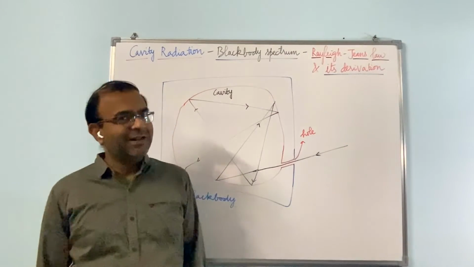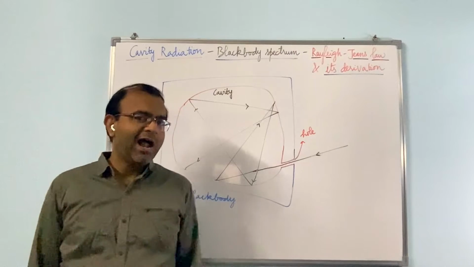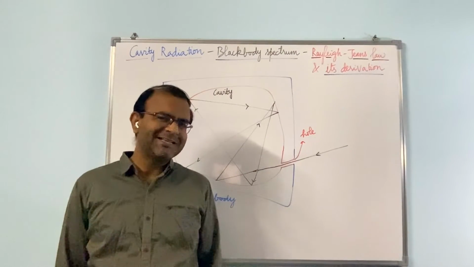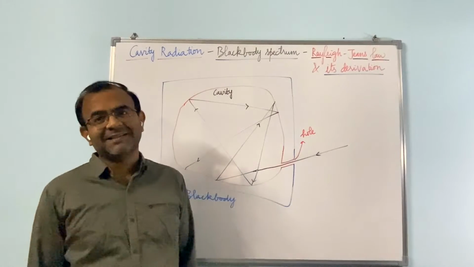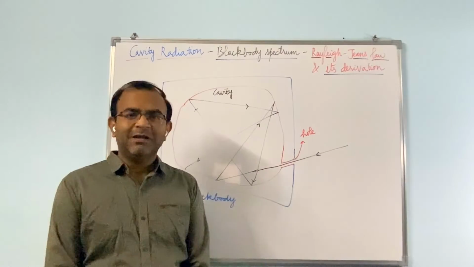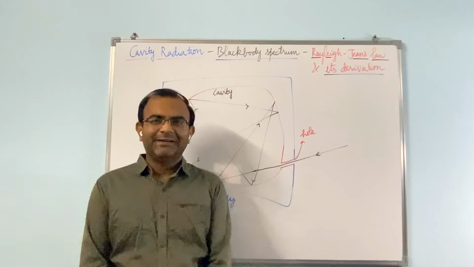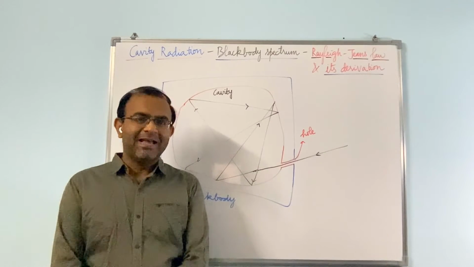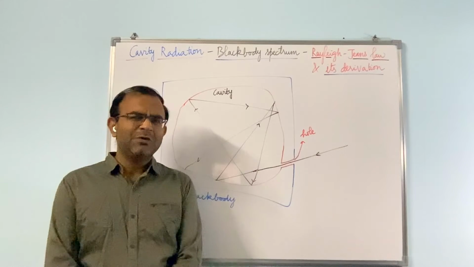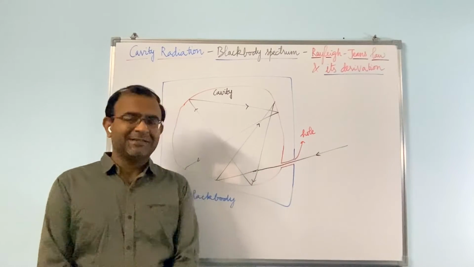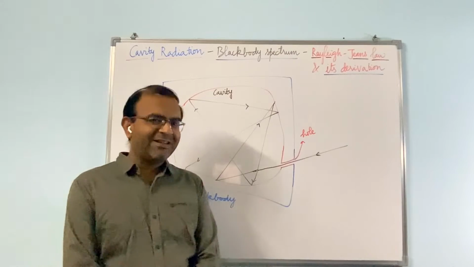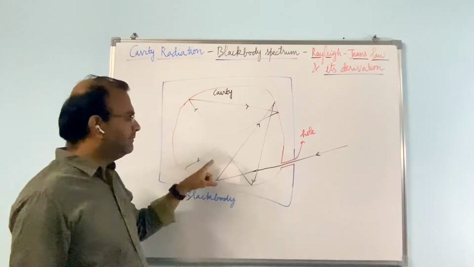They are useful in studying the black body radiation, and they were useful in developing a classical theory of black body radiation such as the Rayleigh-Jeans law. Because of the importance of such cavities as black bodies, it is important to discuss these objects in some detail to understand the connection between the cavity radiation and the black body spectrum.